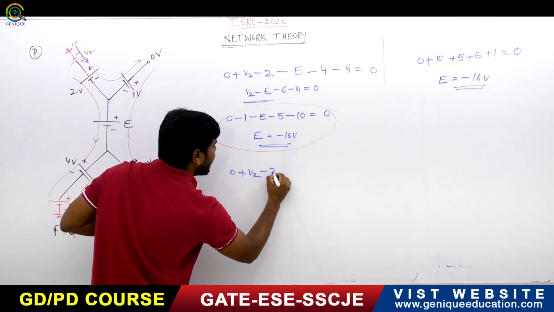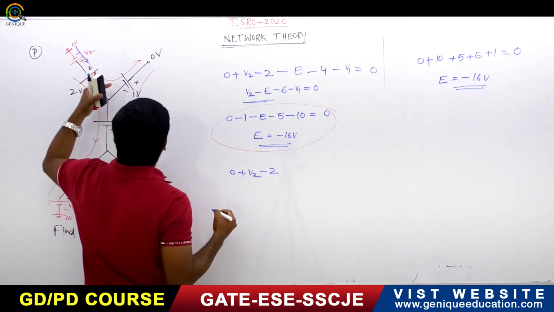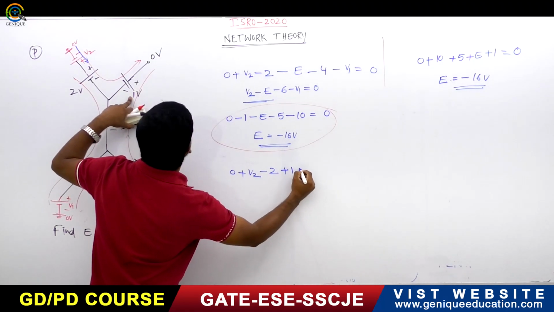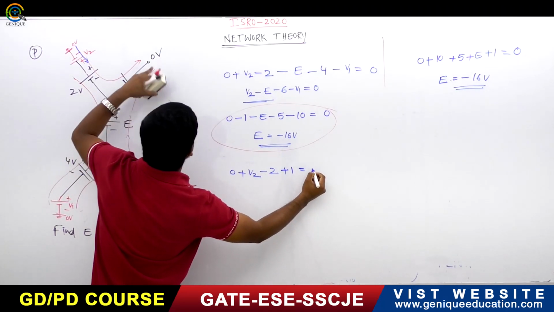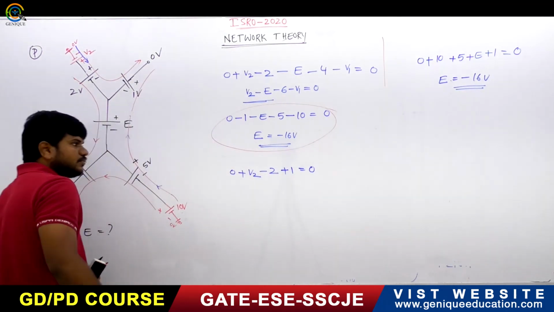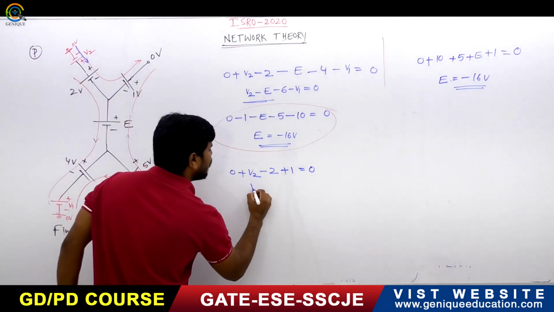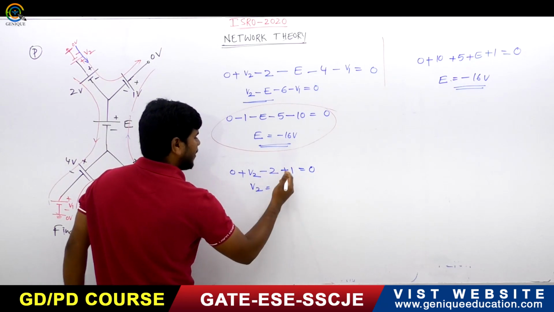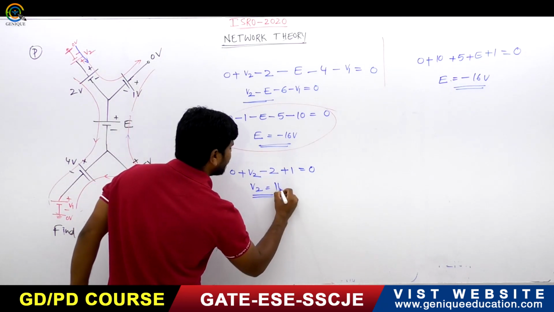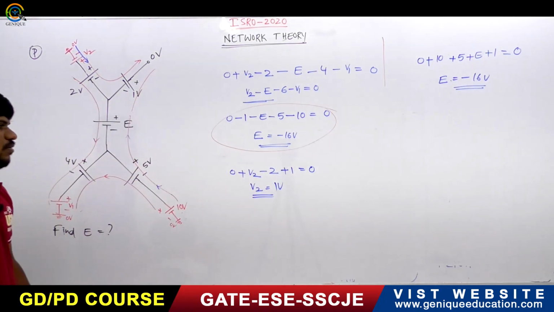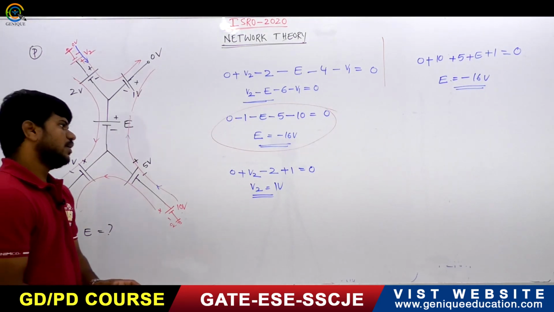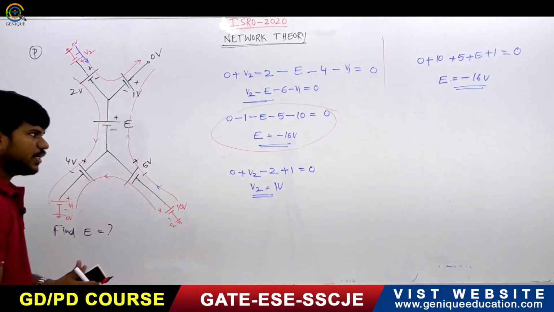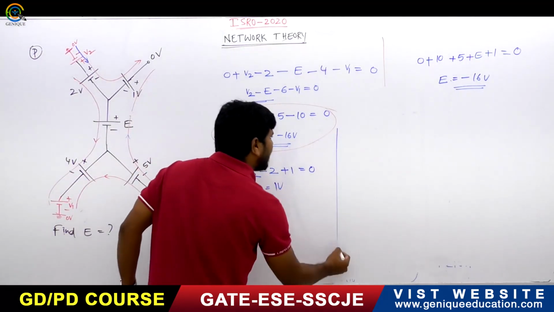Now, minus 1 volt is there, so you have to take plus 1 is equal to 0. So from this, V2 is equal to 1 volt. We got it.